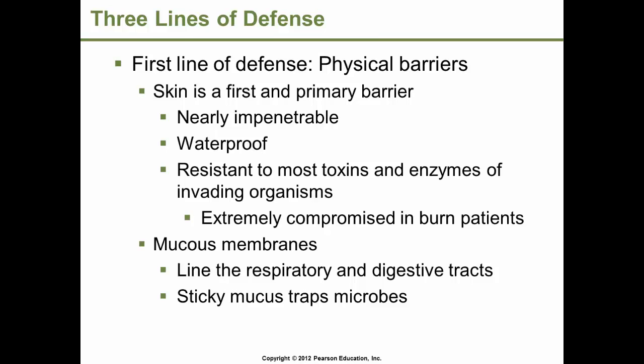The mucous membranes that line the respiratory and digestive tracts have cilia, as well as sticky mucus. This mucus helps to trap microbes. The cilia sweeps away these foreign materials.